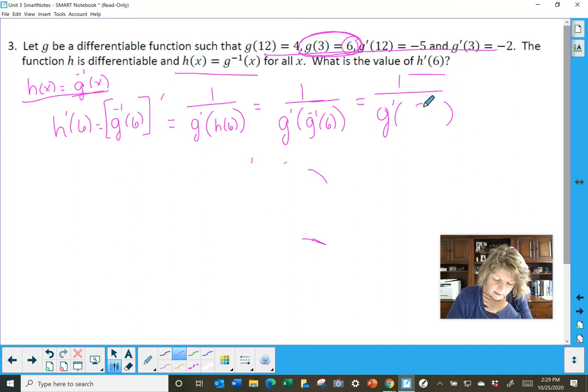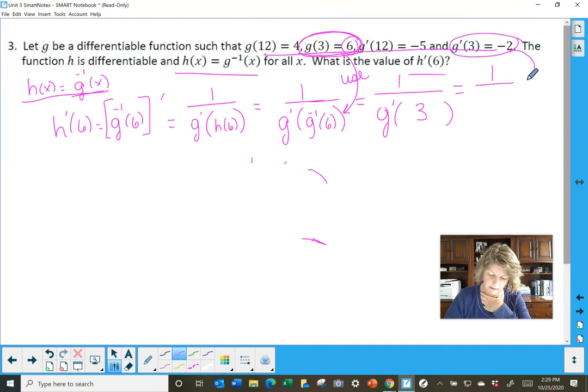So I'm going to get g prime of 3. So use this. Now, 1 over g prime of 3, let's hope, there it is. g prime of 3 is negative 2, and we have our answer of negative 1/2.